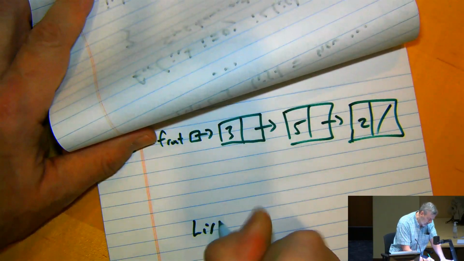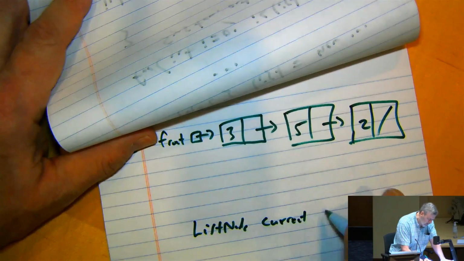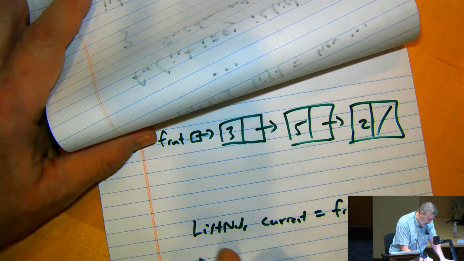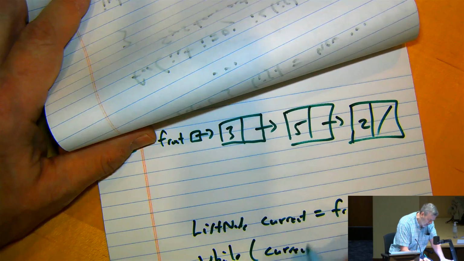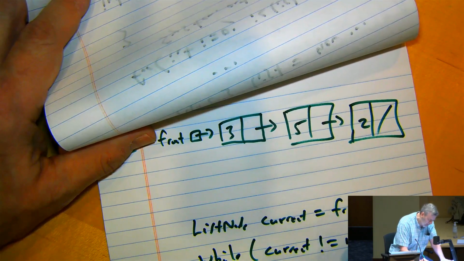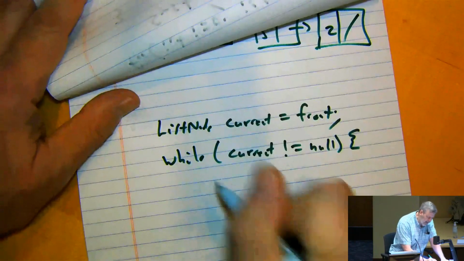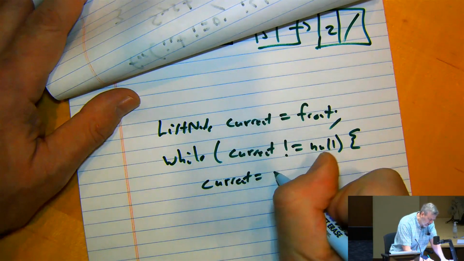So I'm going to say list node current is assigned to the front of the list. And then I'm going to say while current is not equal to null. Again, we don't need to do anything with the data. All that we need to do is to say current is assigned to current.next.